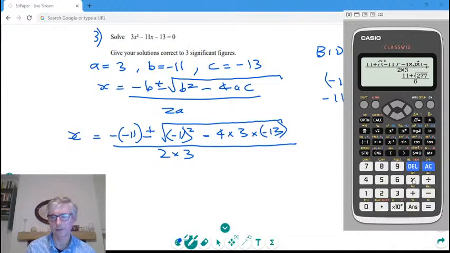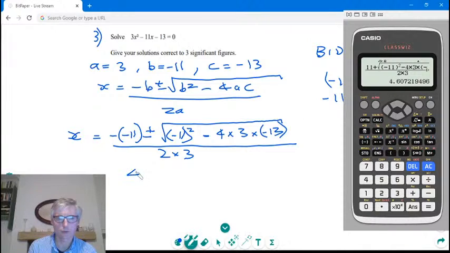And if I just press the SD button, it's going to toggle into the form that I'm requiring. So we can see, there it is, 4.6072. And what I'm going to do is just try and round that to 3 significant figures.